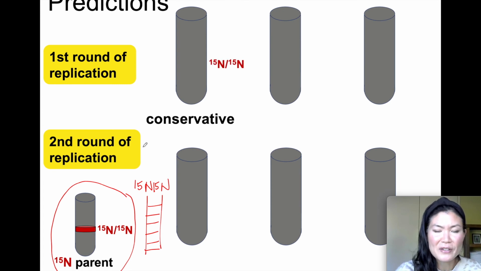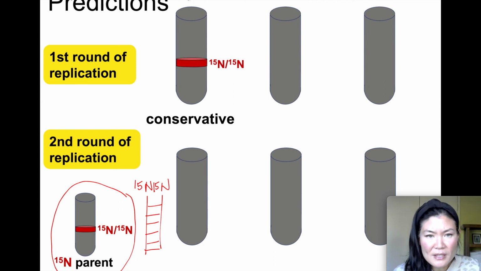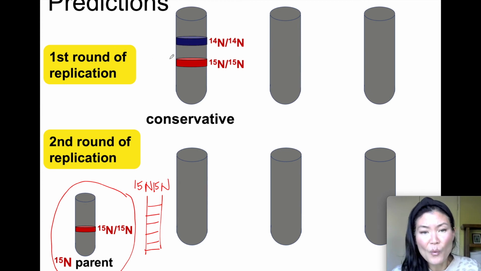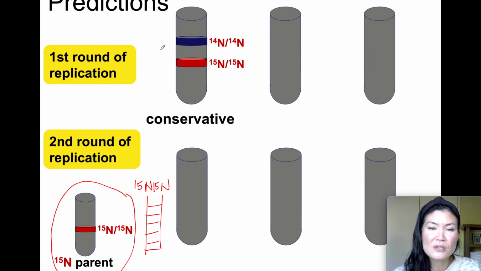If it was conservative, this is the tube for the centrifuge. Starting with the conservative model, you're going to have just nitrogen 15. The two strands are going to be nitrogen 15, and when the bacteria is transferred to nitrogen 14 medium, they're going to use the nitrogen 14 to make new molecules of DNA, and it's going to be completely made out of nitrogen 14.